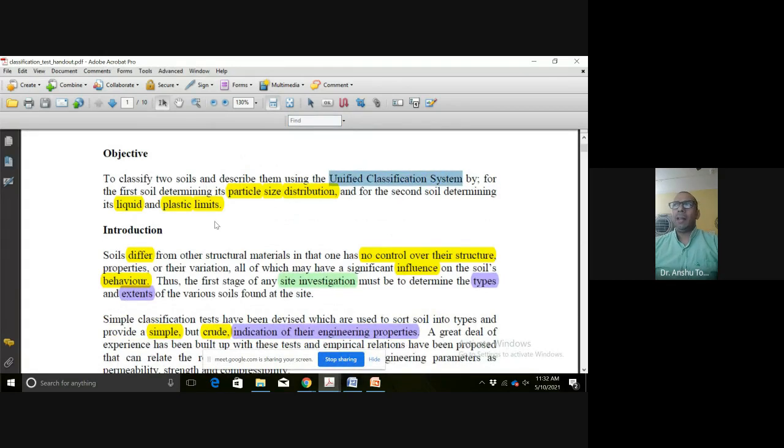First, determining the soil's particle size distribution, and second, determining its liquid and plastic limit. So these are the 2 criteria to gain the overall classification of the soil system. One is particle size distribution using sieve analysis and hydrometer analysis, which I already told you in the last to last lecture.